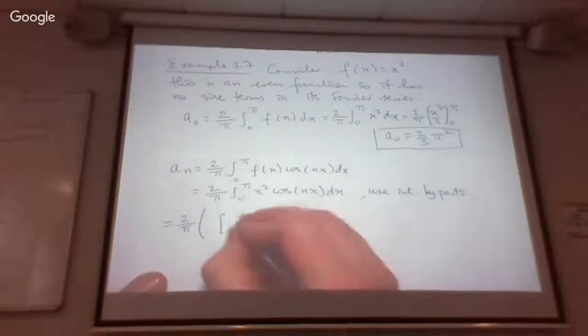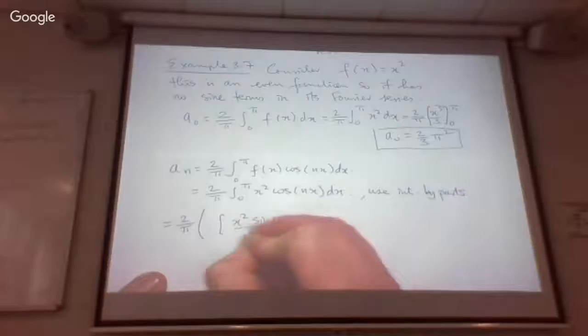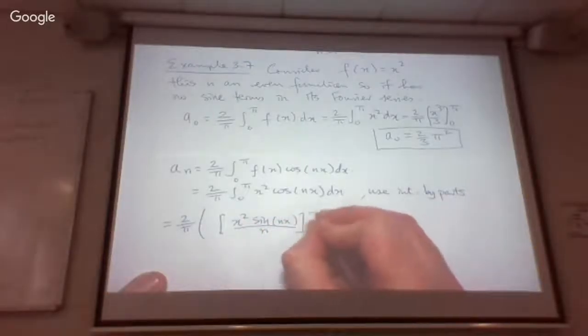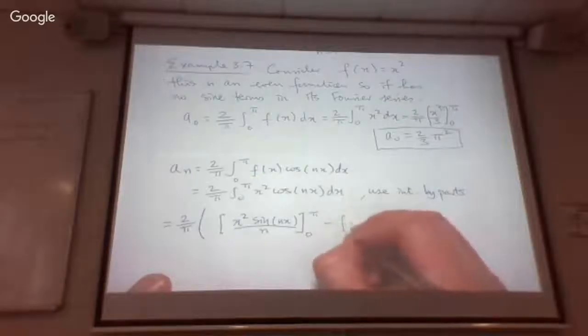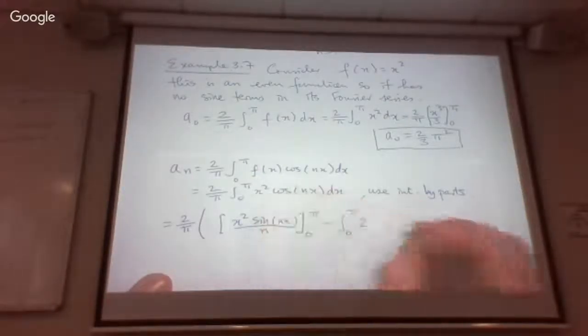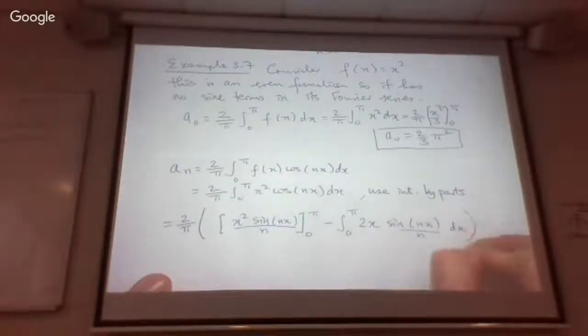So the first bit of integration by parts would be x squared by sine nx over n, evaluated at 0 and pi. Then you'd be subtracting the integral from 0 to pi of the derivative of x squared, which is 2x, by sine nx over n dx.